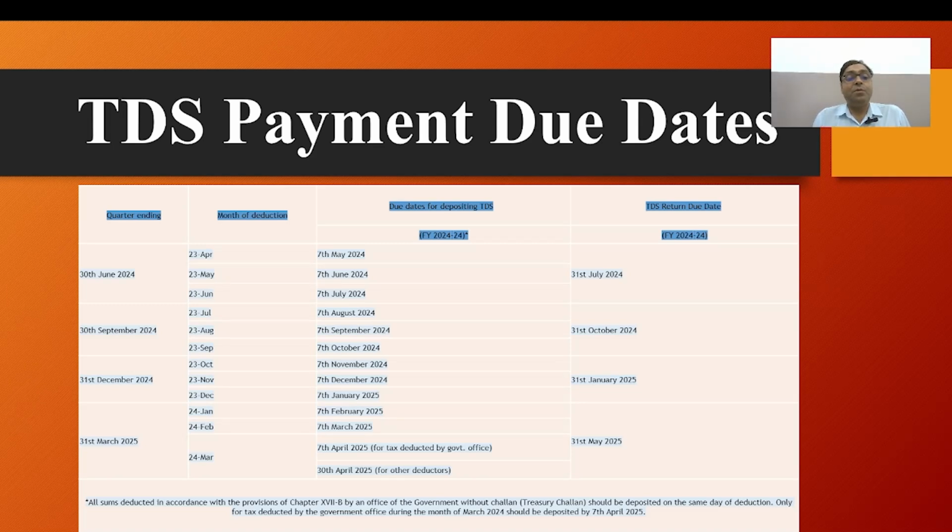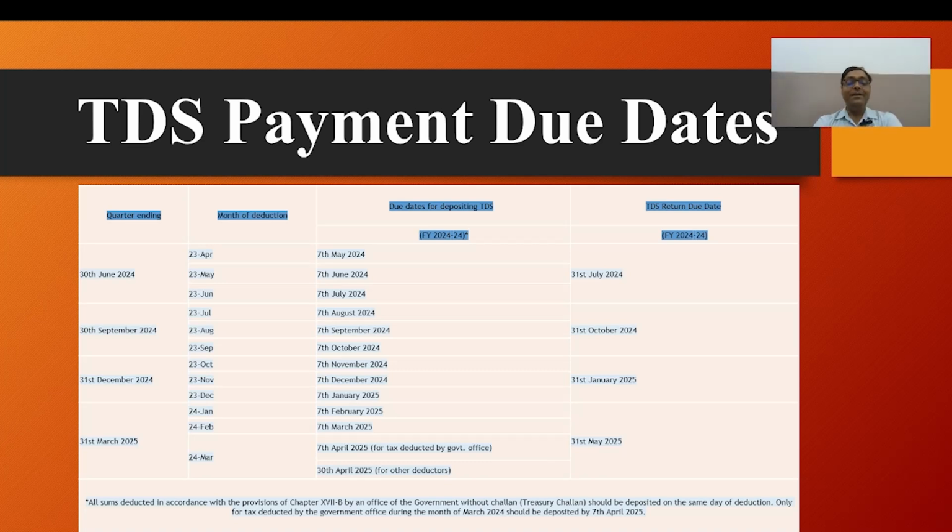The quarters end in June, September, December, and March. Every month the date is the 23rd, and for the quarterly returns in June, September, December, and March, it will be completed.